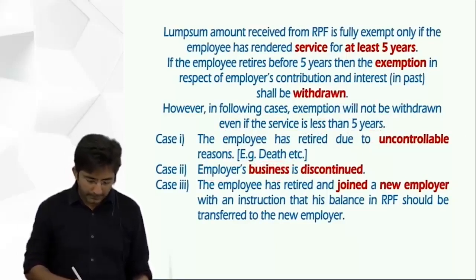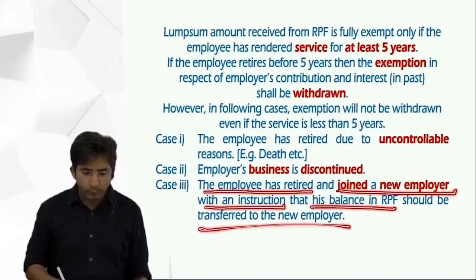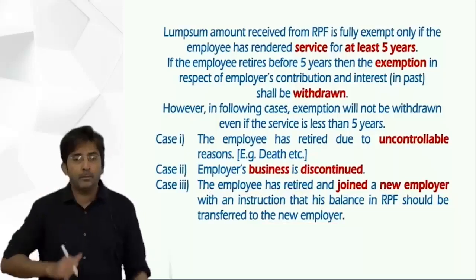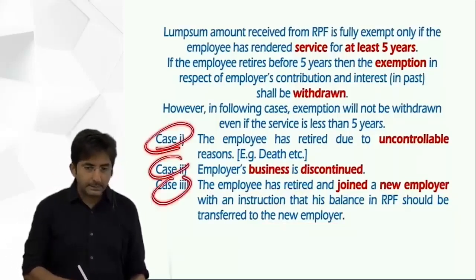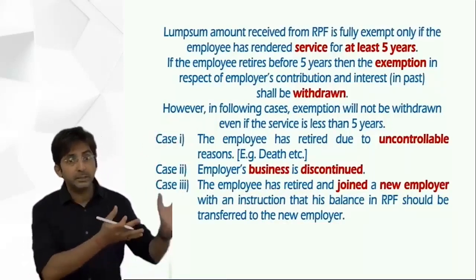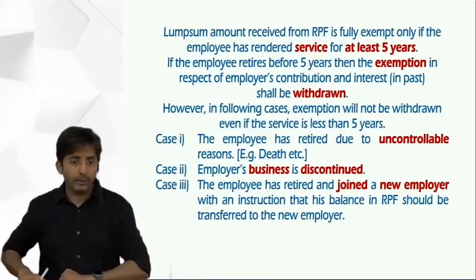Okay. Then employee has retired and joined a new employer with an instruction that his balance in RPF should be transferred to the new employer. So in this case also exemption will not be withdrawn. But other than these three cases, if you left the job before 5 years, your exemption will be withdrawn. Okay.